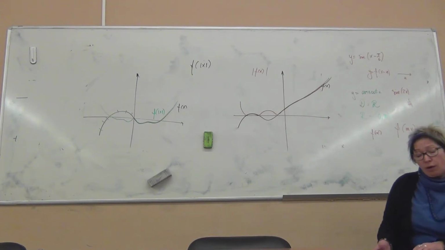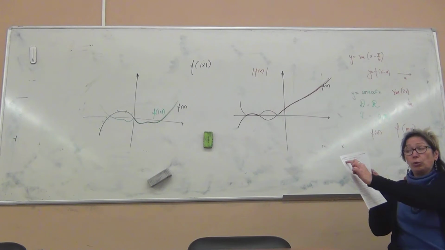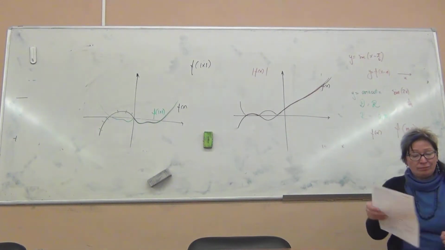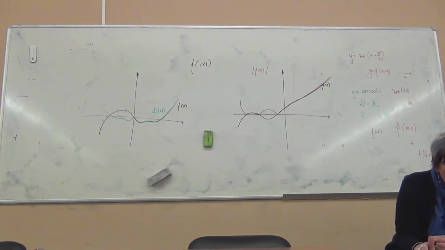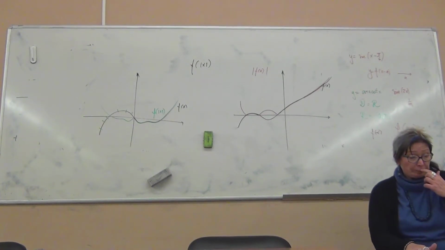So if it's 1.5, then the new function value at that point will be -3. So you can look at those function values and simply change those points.